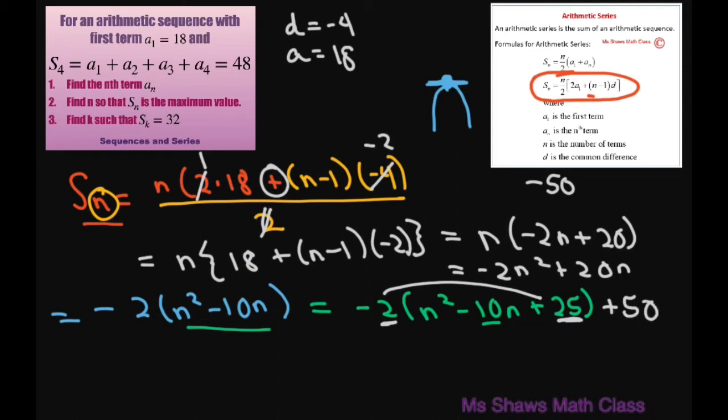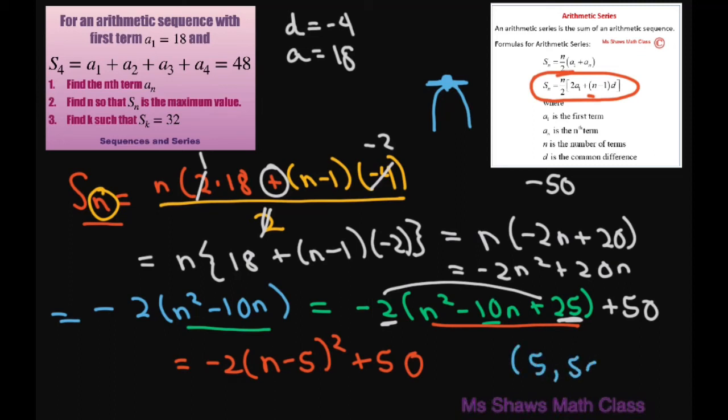So basically what we'll get is negative 2 times, and now let's condense this perfect square trinomial, n minus 5 squared, plus 50. So in vertex form, that would be 5, 50. Therefore your maximum value occurs at n equals 5.